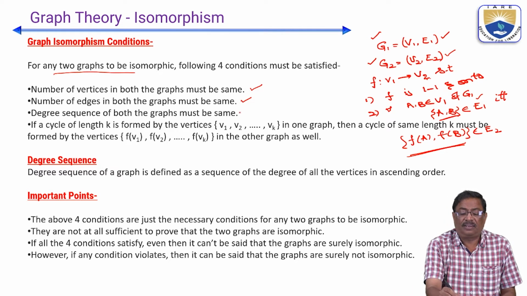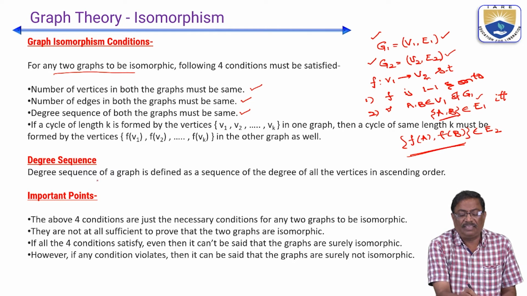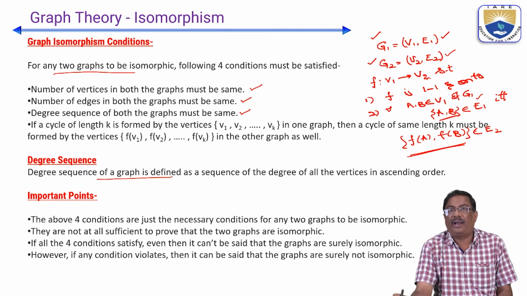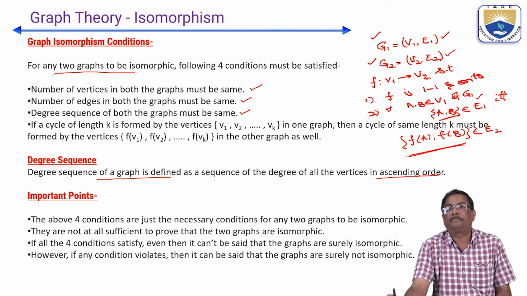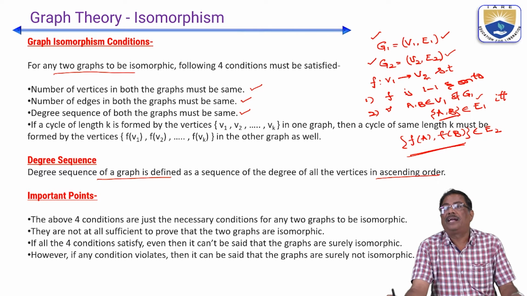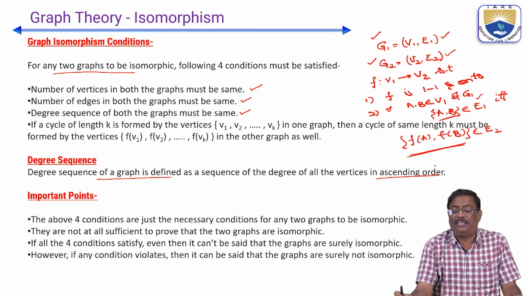The third condition is the degree sequence. What is meant by a degree sequence? The degree sequence of a graph is defined as the sequence of degrees of all vertices, written in ascending order.